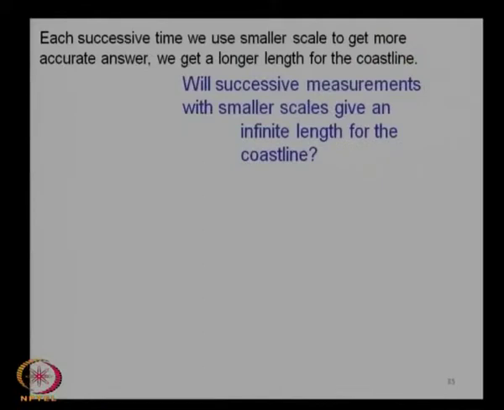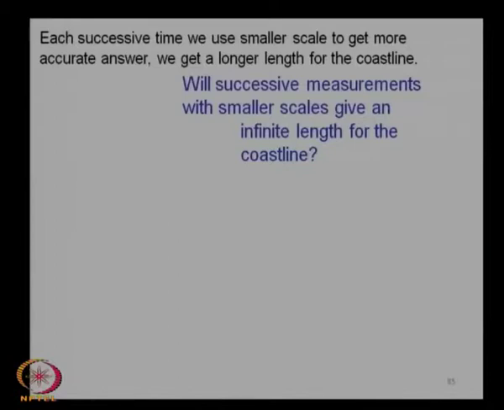So, every time we use a smaller scale to get a more accurate answer, we may get a longer length of the coastal line. Now, if we keep doing this on a real coastline of Great Britain or India or any country that you like or love, right. If you do this for any country, will successive measurements with smaller scales give you an infinite length?